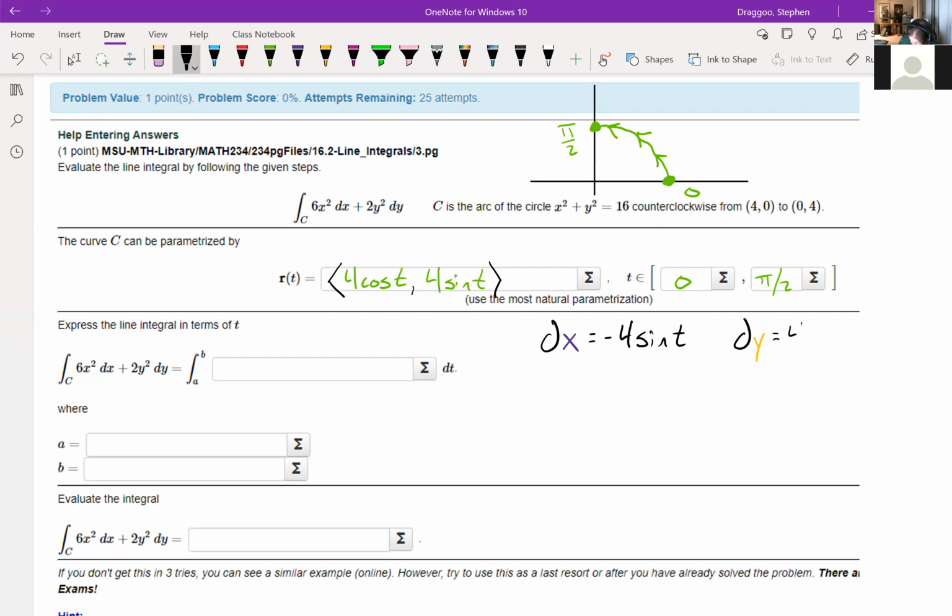Which should come out to 4 cosine t if I take its derivative. So getting this part here in the box, I just need to throw some pieces in here. I'll have 6 times 4 cosine squared.